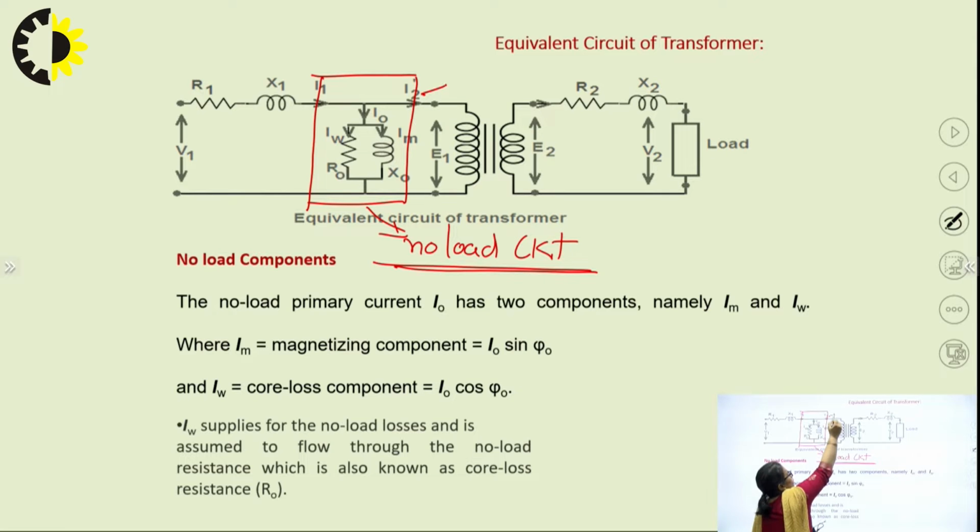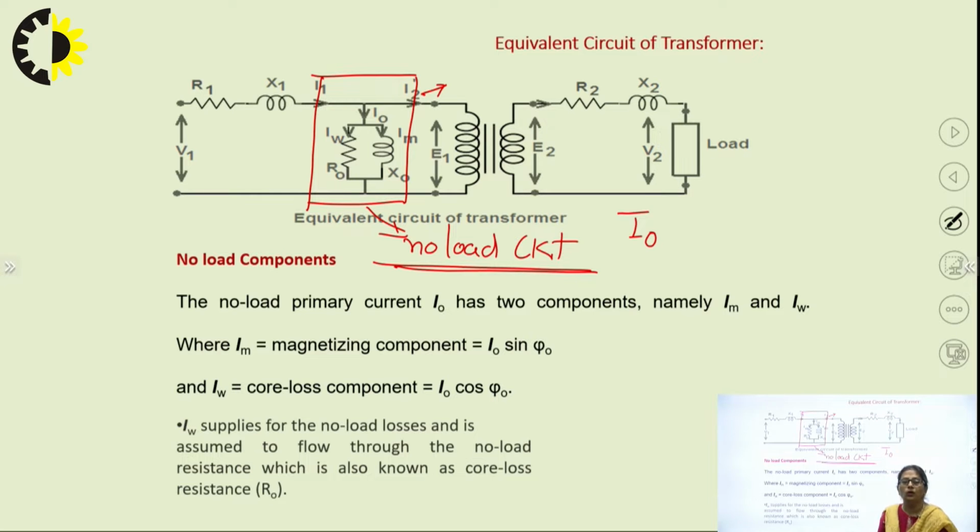Now coming to the other component of the input current, that is I2 dash. What is I2 dash? It is the extra current taken by the transformer when it is being loaded. Initially, the transformer was taking only the current I0 at no load condition.